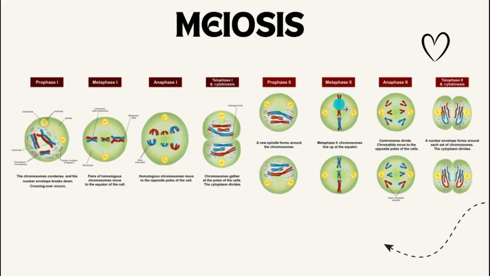Here we have 2 chromatids and 1 chromosome lining up at the equator, and as you can see, in metaphase 2, they line up more vertically. Anaphase 2, the chromosomes go to opposite ends of the cell. Then telophase and cytokinesis, where the nuclear envelope reforms, chromosomes decondense, meaning less visible, and then the cell splits.